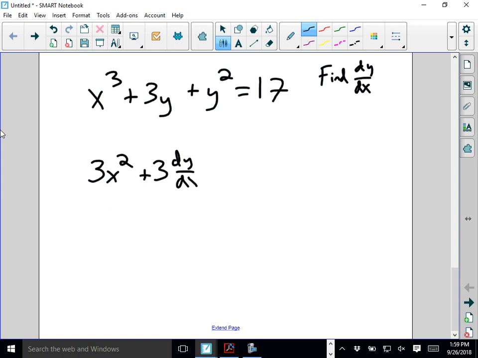Notice I no longer have a y term in there. Just like the derivative of 5x is 5, the derivative of 3y is 3. I just have to multiply by dy dx. Plus, what's the derivative of y squared, you ask? Well, simple, 2y dy dx. I have to tack on that dy dx every time I do a derivative of y.